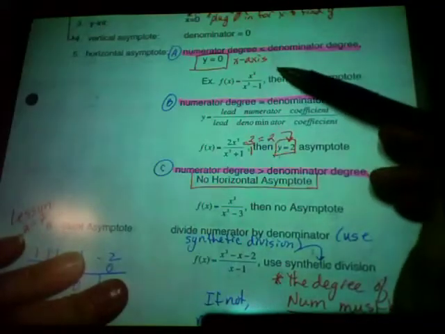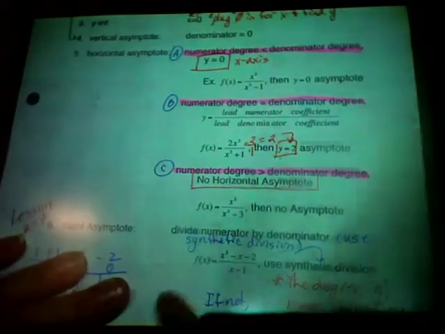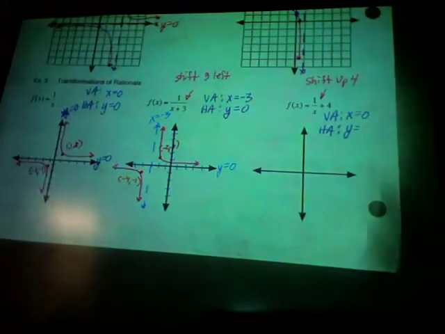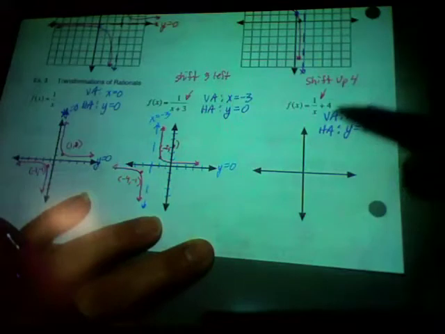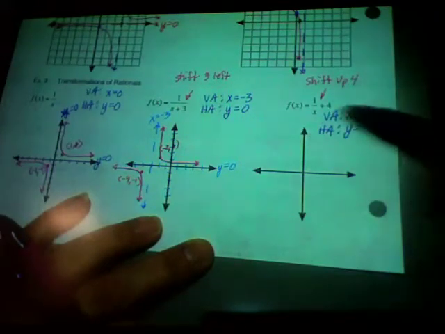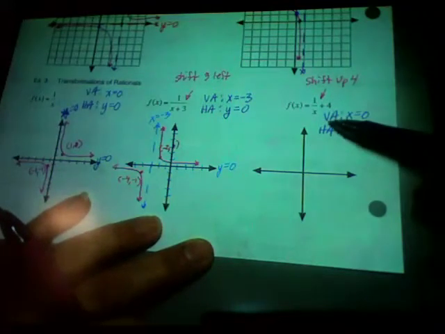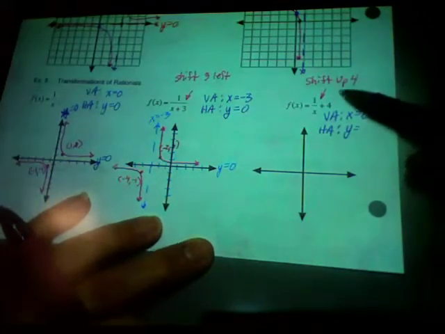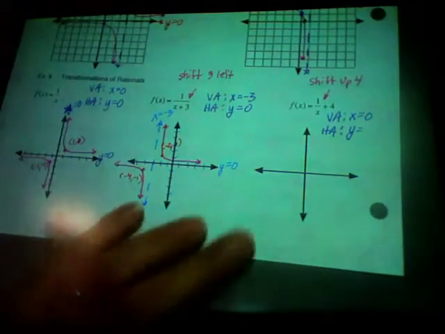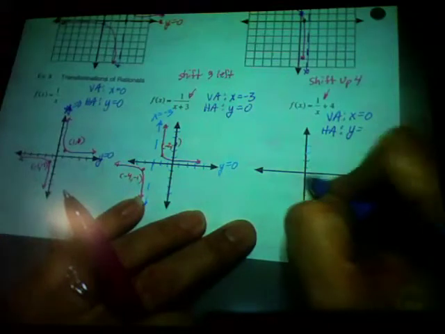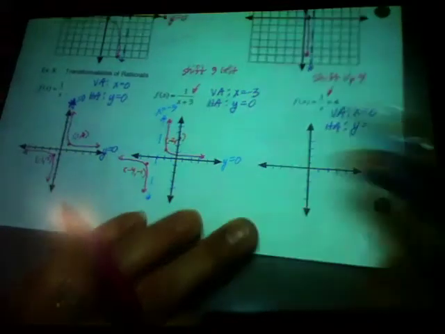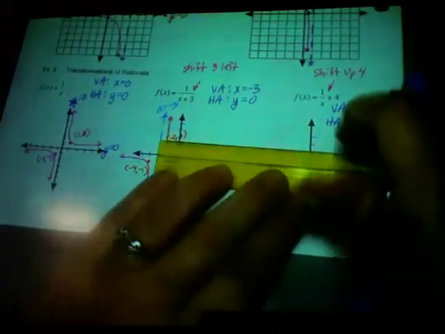It still thinks like it should be y equals 0, but the problem is this is not a full fraction. It's not a fraction over a fraction, right? So the fact that this is outside and you're not dealing with one whole fraction because it's a fraction plus a number, you can make it into one fraction if you want to, but this is going to end up shifting up 4. So instead of going through all that work, if I were you, I would just know it shifts up 4. And so that horizontal goes up to here.